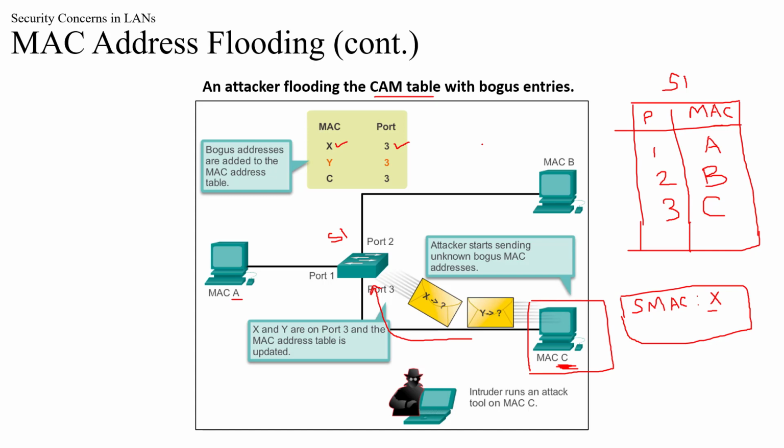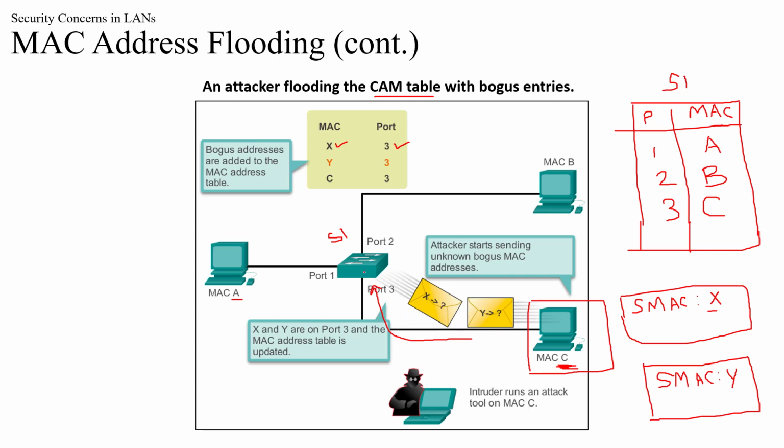Then the attacker is going to create one more frame. Now the attacker is going to give my source MAC address as Y. Now he is sending the frame to the switch.